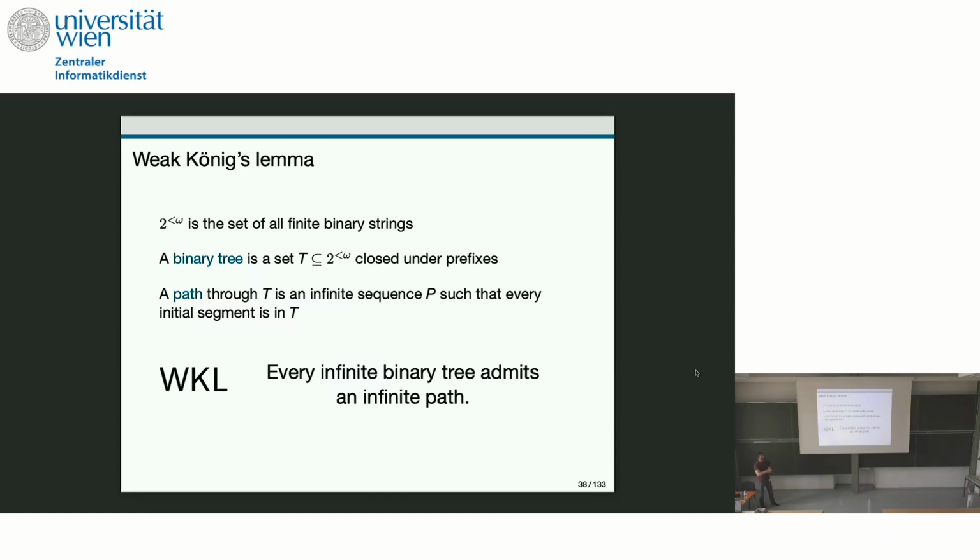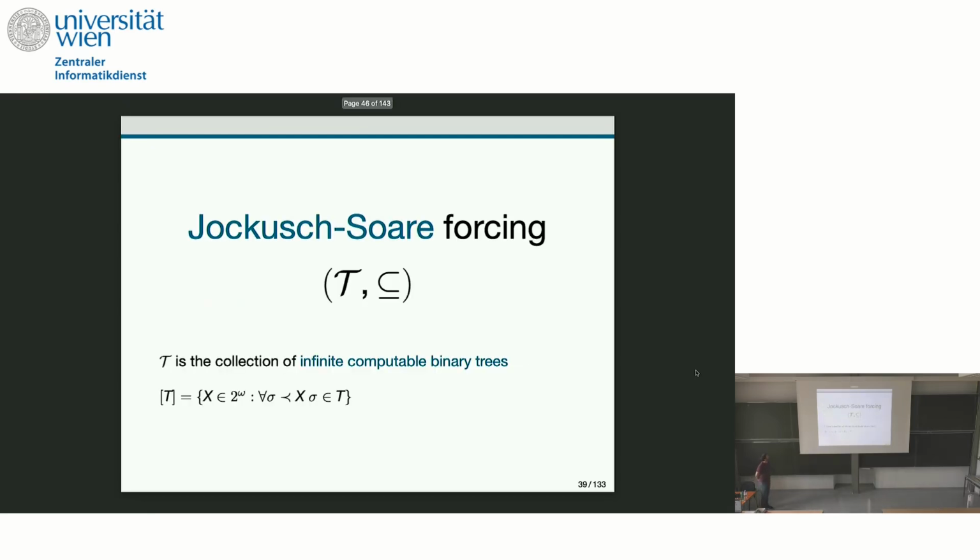A path through T is just an infinite binary sequence such that every initial segment belongs to the tree. Weak Koenig's lemma says that every infinite binary tree admits an infinite path.